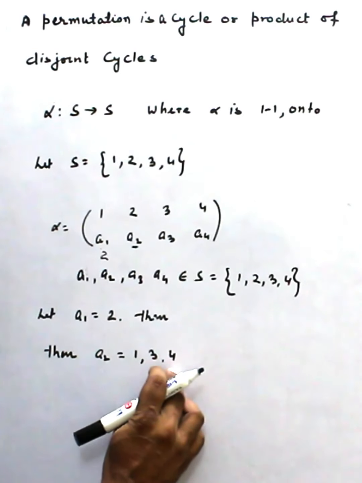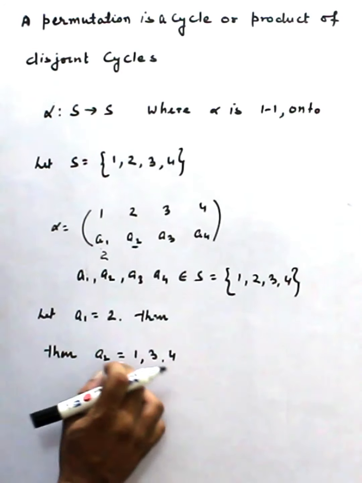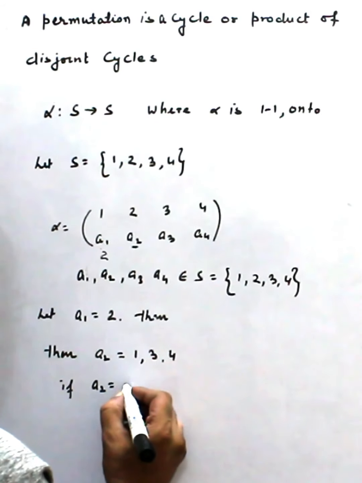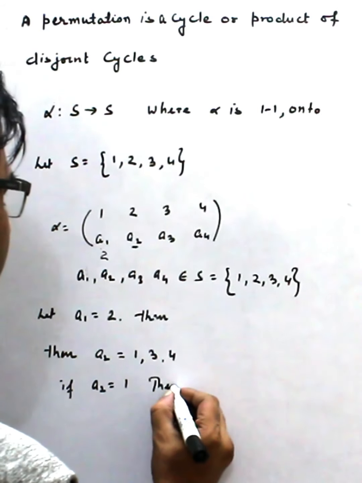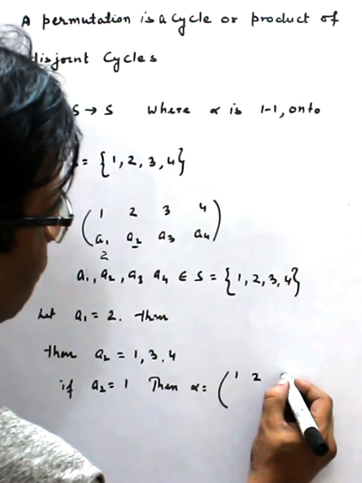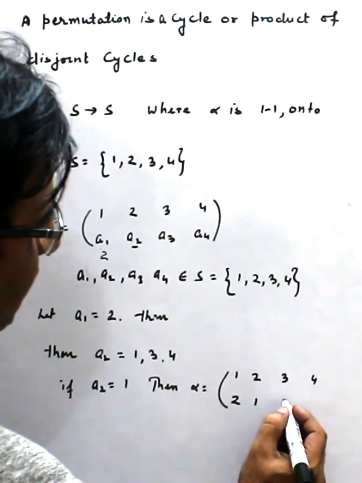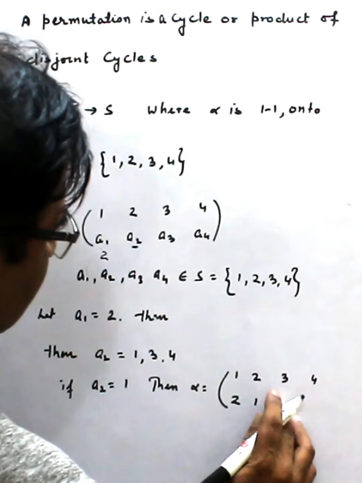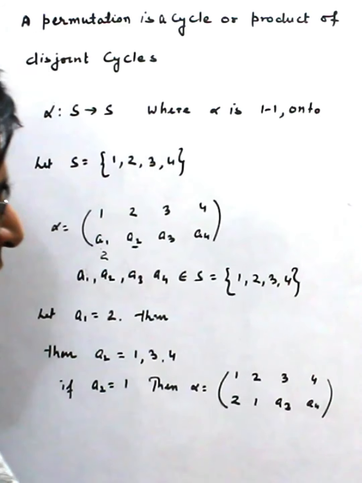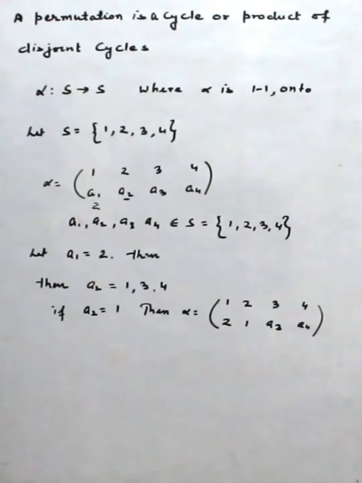That means the possibilities left for A2 are these 3 elements. If A2 is equal to 1, then alpha becomes 1, 2, 3, 4 with images 2, 1, and A3 and A4 remaining.